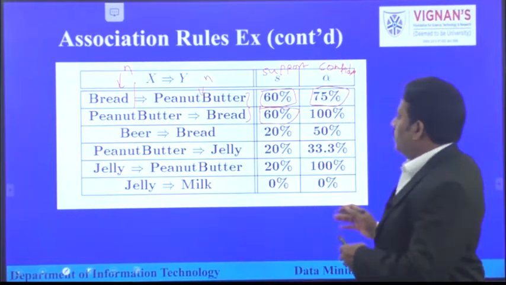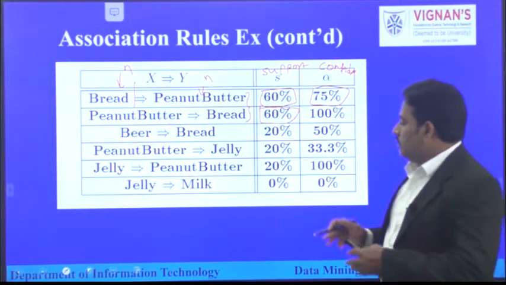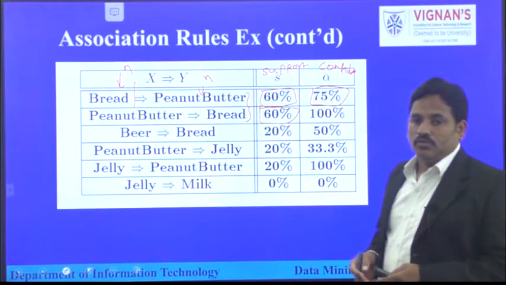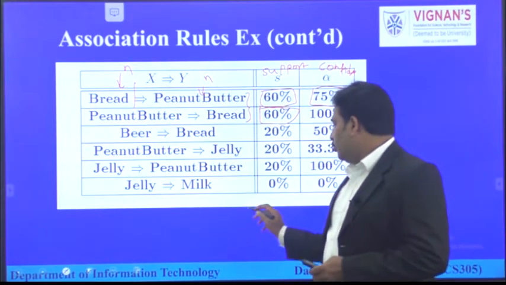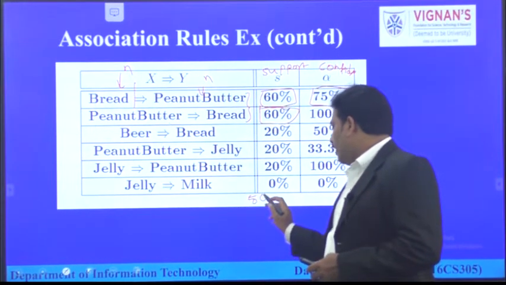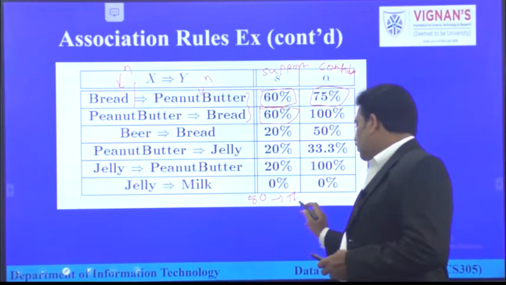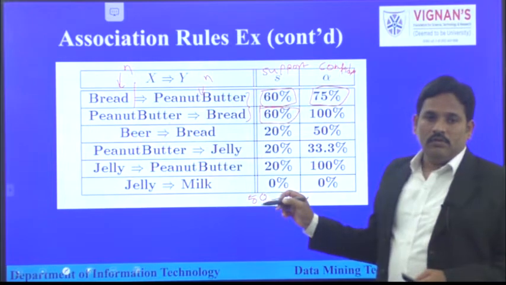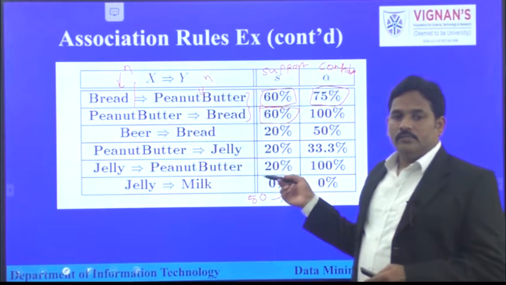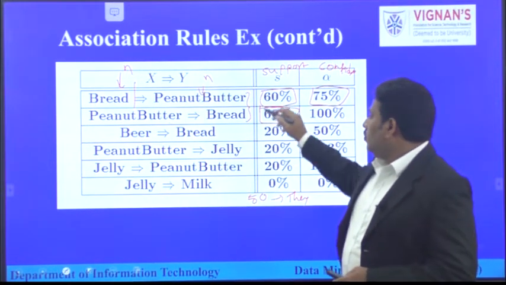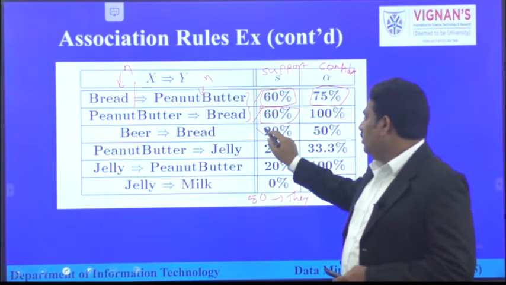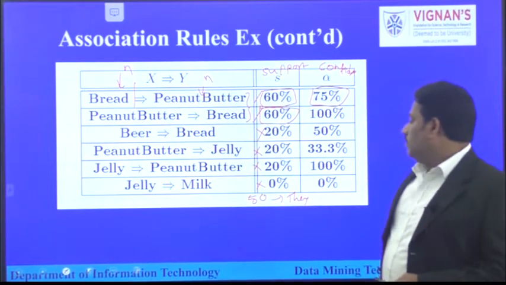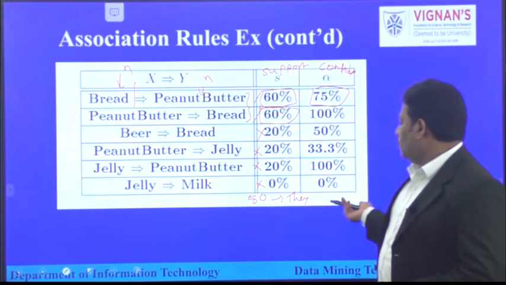When we have all possible support and confidence, whichever rules are feasible for us, we will select those. Let us assume we put 50% as a threshold value for support. That means only transactions having 50% and higher support value we will consider for analysis. The remaining we will ignore. For confidence, we can also change it.